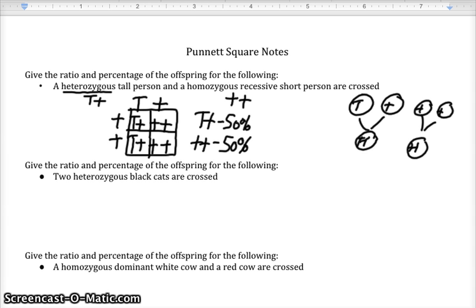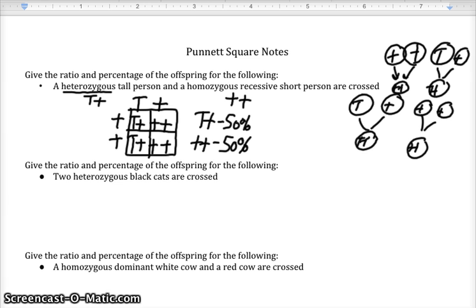And if I did that over here, so this is one possibility, so this is the other possibility, and then we just do it again because the one person can only pass down little t, we get the same ratio here. So there's 2 chances of getting little t, little t, and there's 2 chances of getting big T, little t after fertilization. Alright, so this is exactly what we just did before, but now we're using a shortcut.